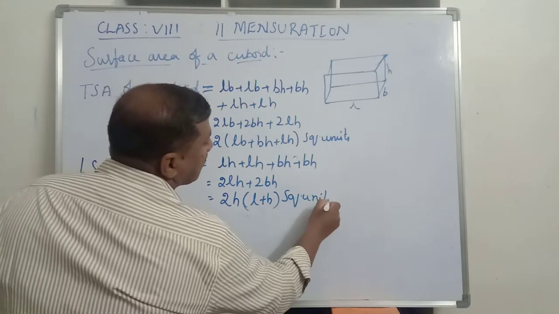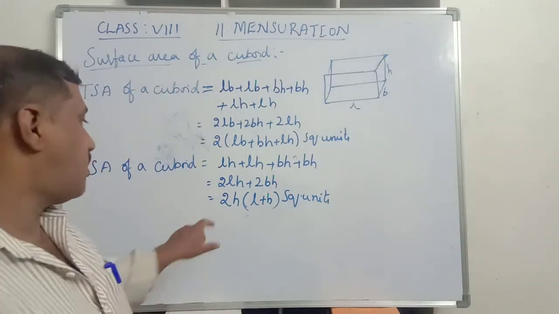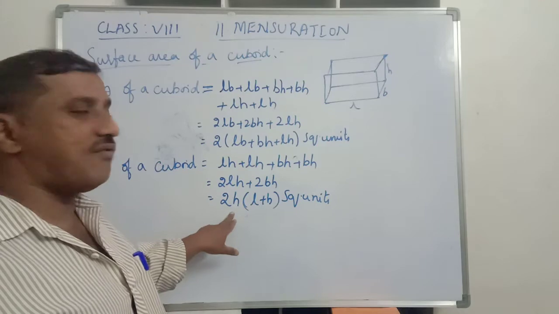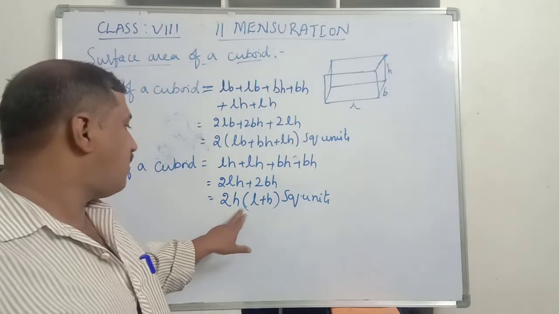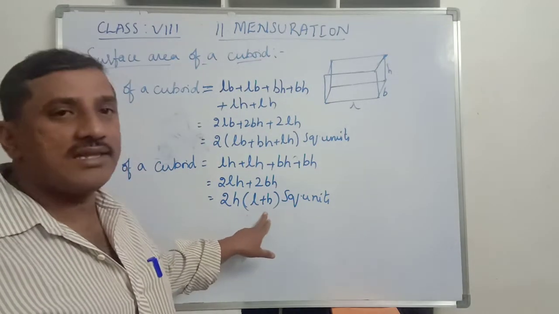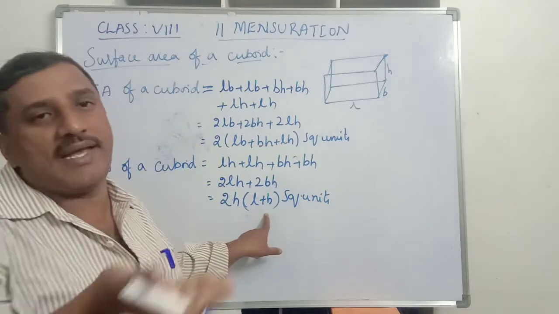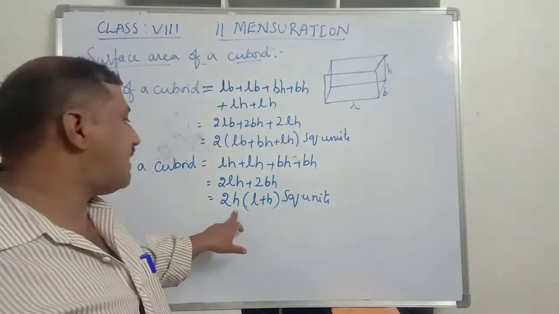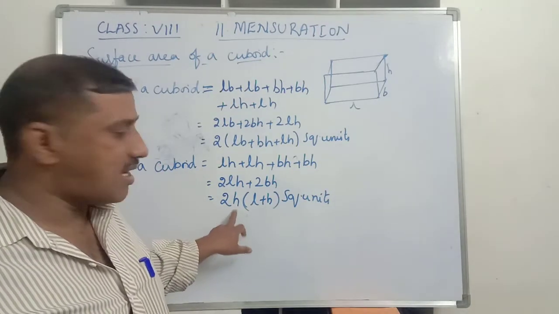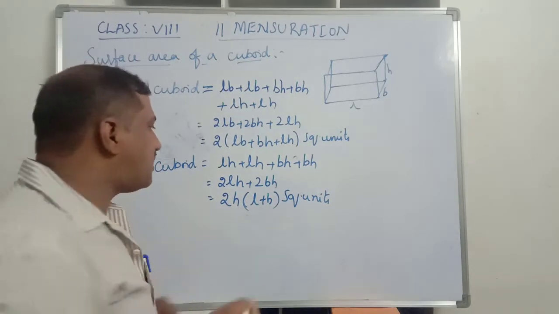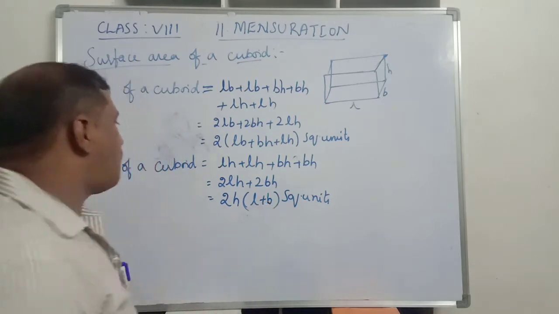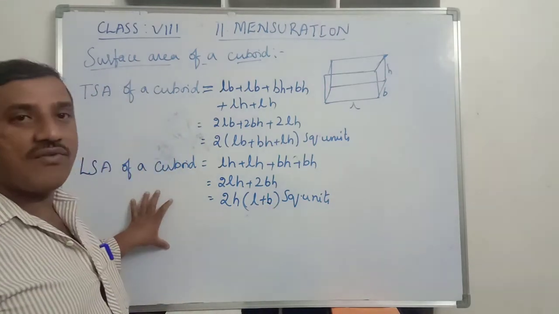So the lateral surface area of a cuboid is 2 times its height into the sum of its length and breadth, or 2 into L plus B, which is the perimeter of the base rectangle, times the height. H stands for height, L stands for length and B stands for breadth or width. So this is the LSA of a cuboid.